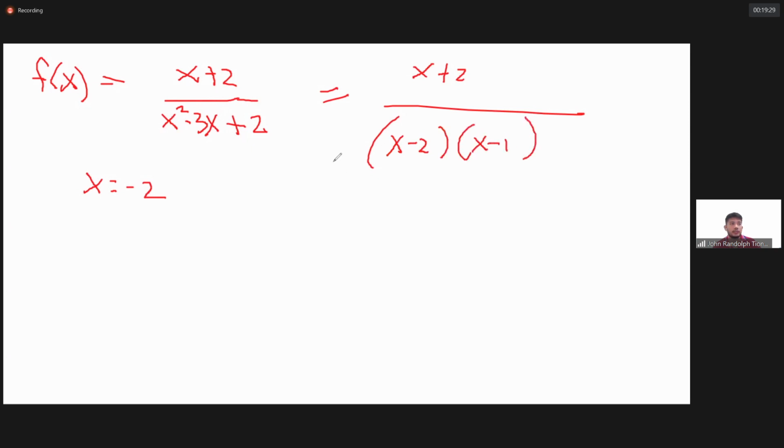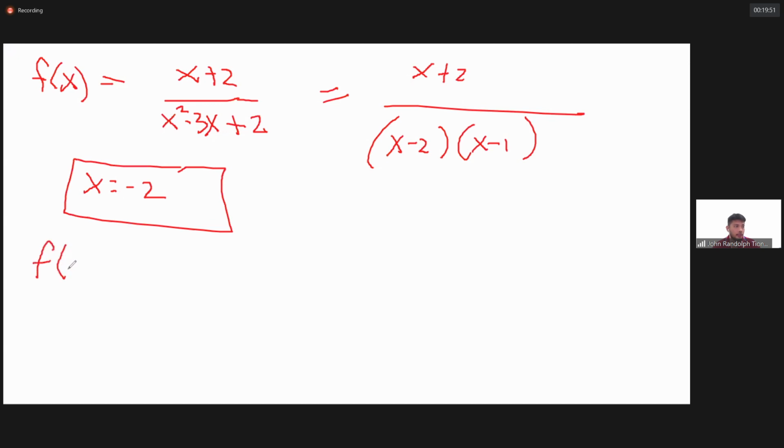So 2 and 1, restrictions yan. So therefore, when you substitute all those restrictions, then you will get x equals negative 2 ang magiging 0 niya. Okay? Yung 2 and 1 is hindi. Negative 2 ang 0 niya. Alright, that's it. How about number 18?